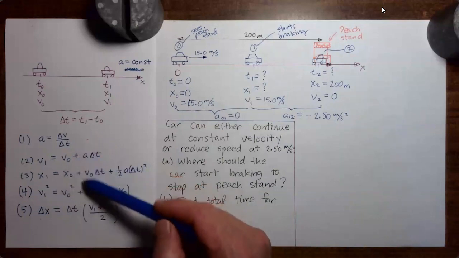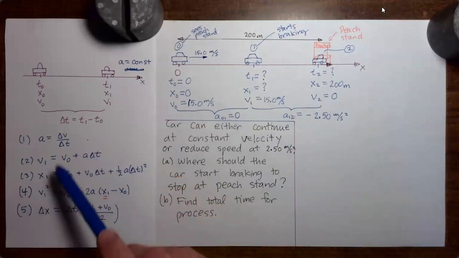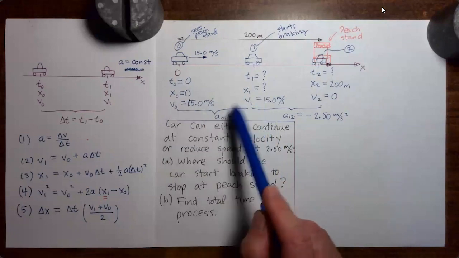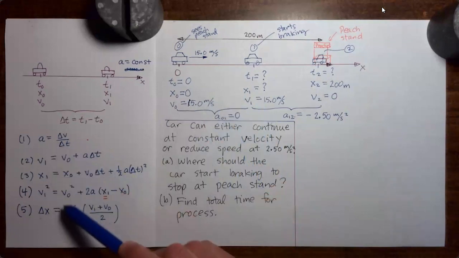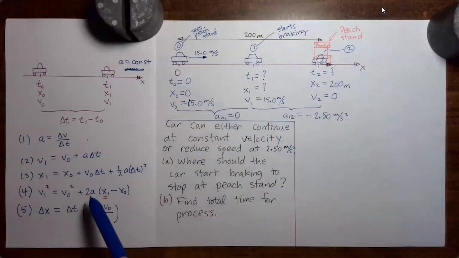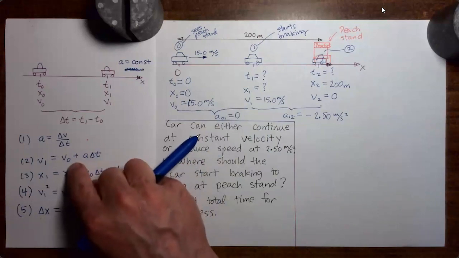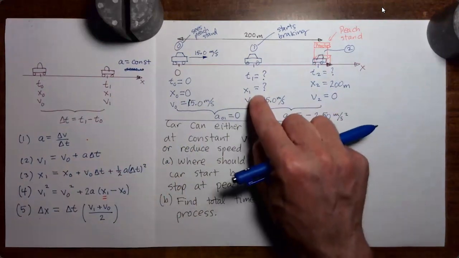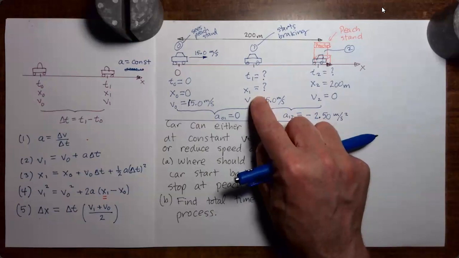So when we apply these equations, we can use them as written to connect moment 0 to moment 1, or we can use them to connect moment 1 to moment 2 by changing the subscripts so that we are connecting 1 to 2. And the way we would do that is changing the zeros to ones and the ones to twos. So try and find an equation where x1 is the only unknown.